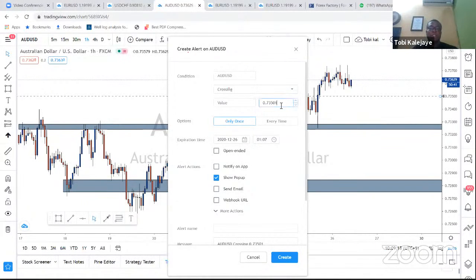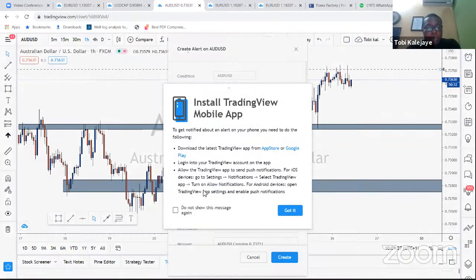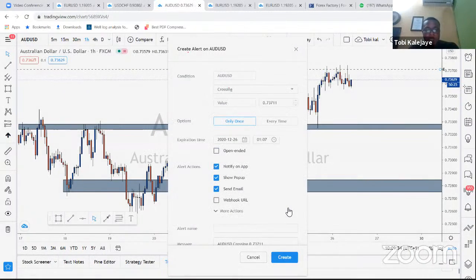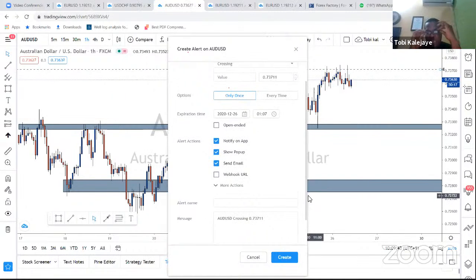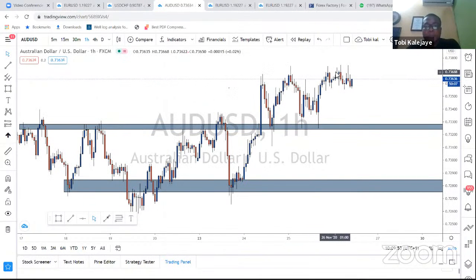You can just put that here. Where do you want the notification to be? Either on the app or on the mail, wherever you want, you can always get that notification. If you use their premium account, they give you more luxury of where you can get your notifications, such as SMS, so many things are around that. All right, just saying.